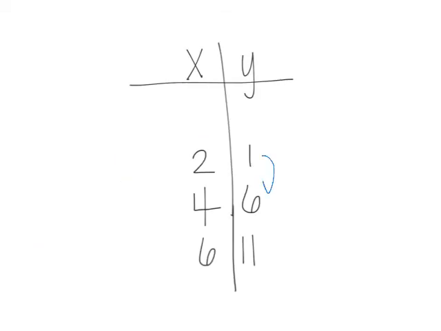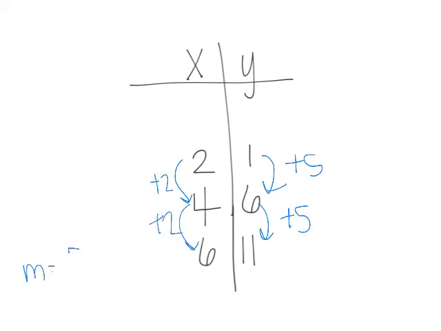Change in y. We're adding 5. Adding 5. Change in x. Adding 2. Adding 2. So our slope, or m, is equal to 5 over 2. Y-intercept. We don't see 0, so if we go backwards here, we subtract 2. 2 minus 2 gets us to 0.